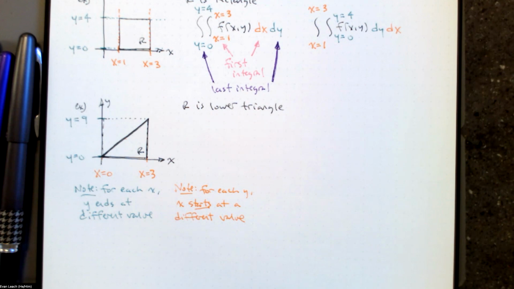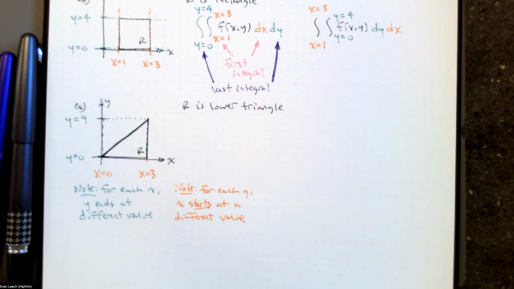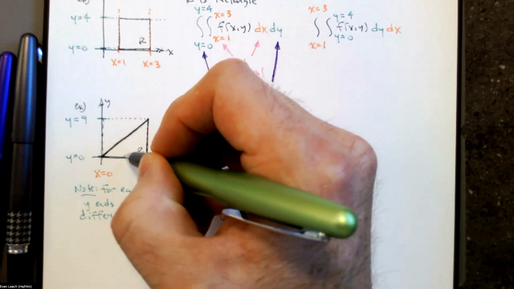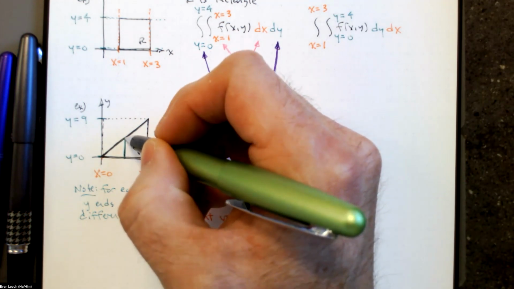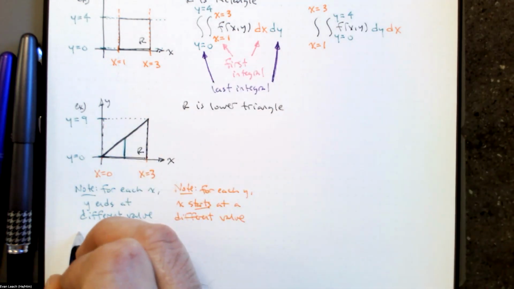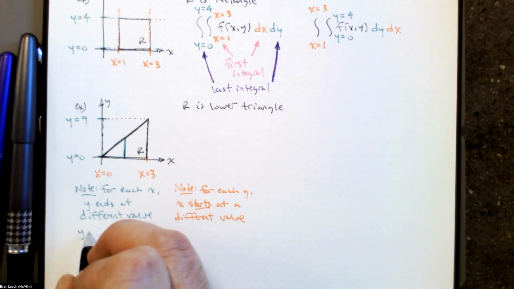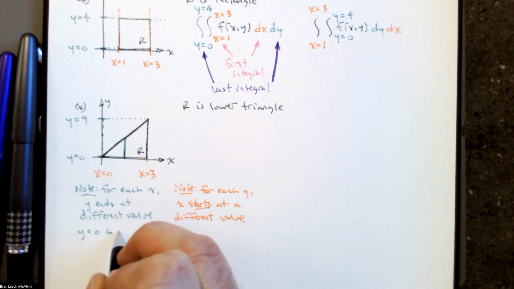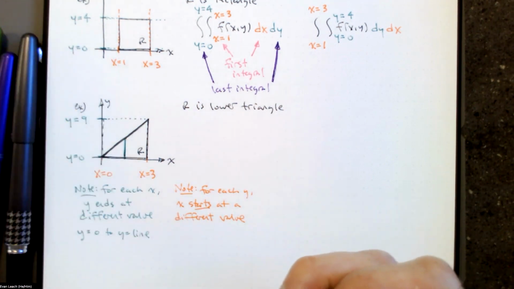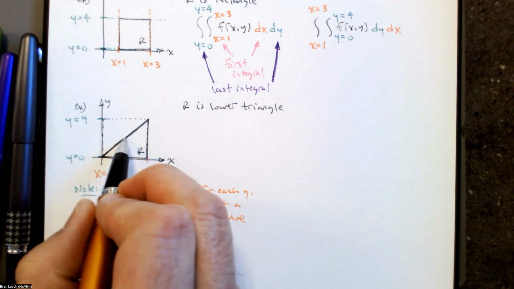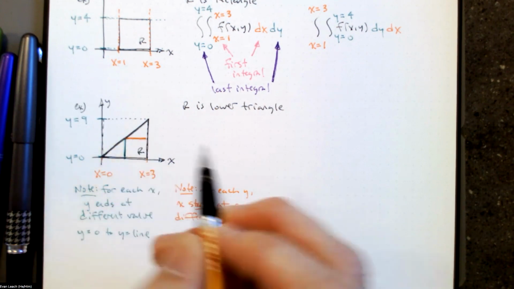So for a particular x value, I'm going to say that y goes from 0 to the line. But x is different. For a particular y value, x starts at the line and ends at 3.